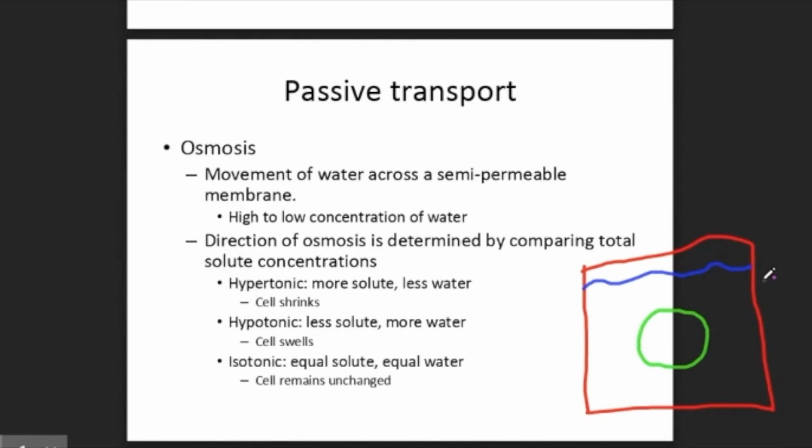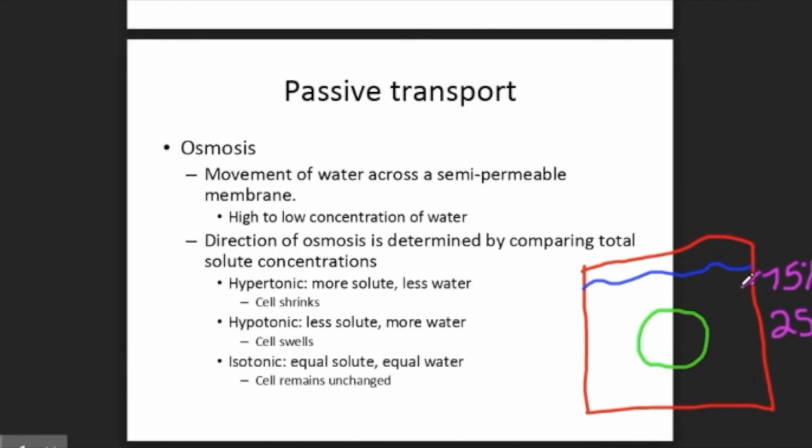So I'm going to make this, let's say this is going to be 75% solute. So I'm just using S to represent that. And so if it's 75% solute, that means it has to be 25% water. Because remember, the solute and the solvent have to equal 100. 75 plus 25 gives me 100.